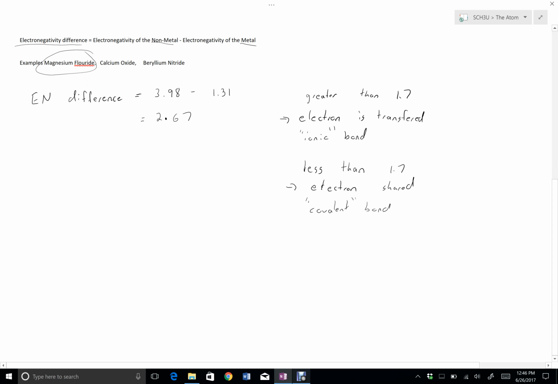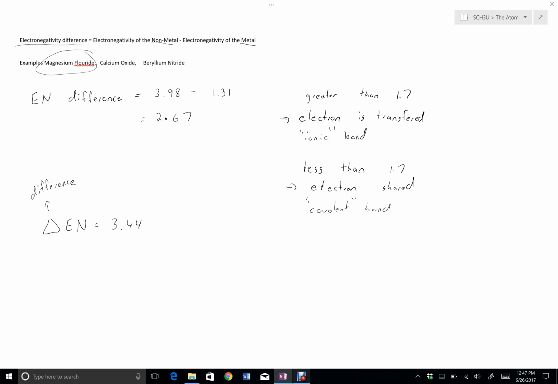A short form for electronegativity difference is the delta, which means difference. So we can write electronegativity difference like that with the delta and the EN. Looking at calcium oxide, oxygen is my non-metal, and its electronegativity is 3.44. You can't see it here, but I have a periodic table I'm sneaking peeks at.